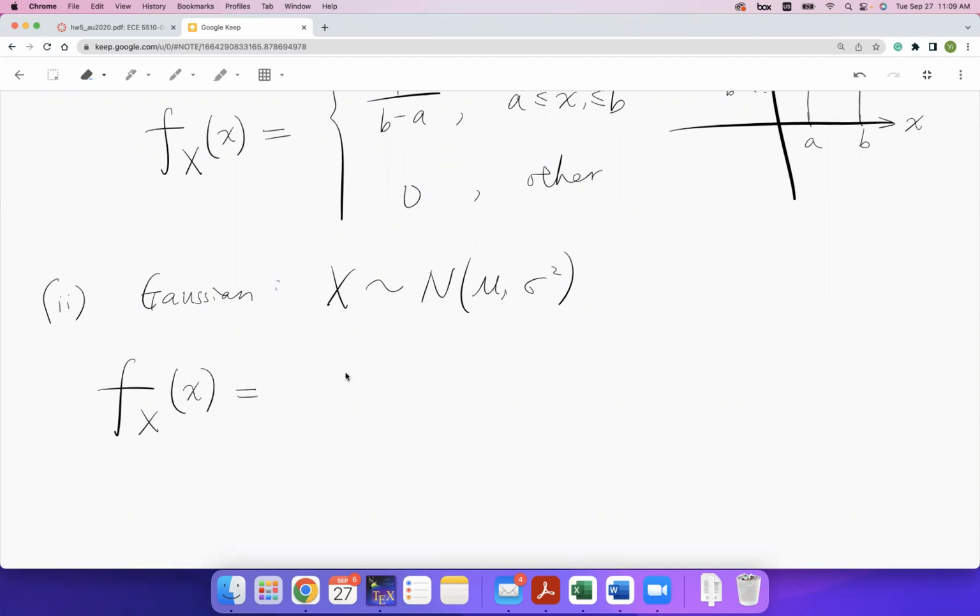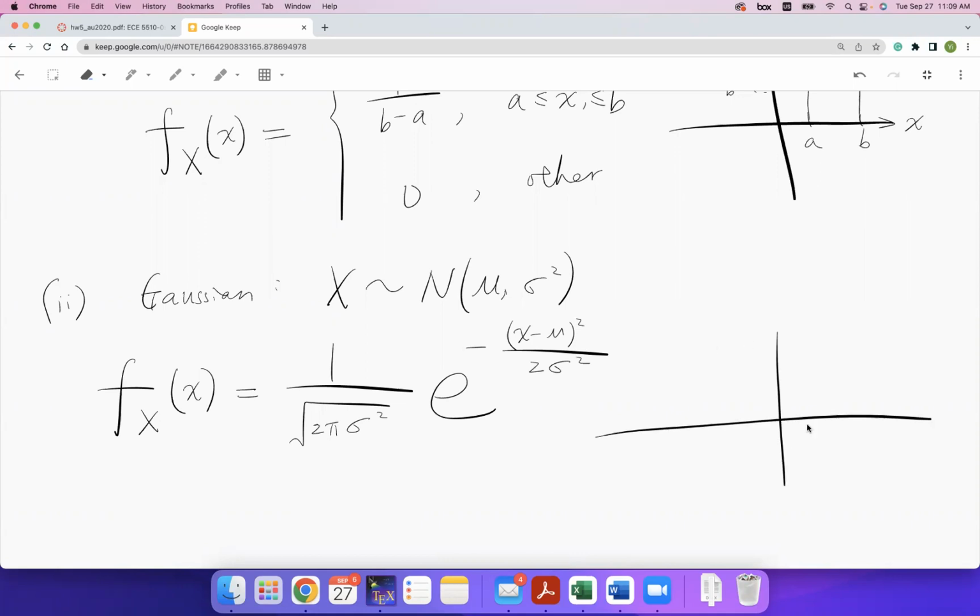The PDF takes the following form: 1 over square root of 2 pi sigma squared, times exponential to the power of negative (x minus mu) squared divided by 2 sigma squared. It has mean mu, and the variance is sigma squared.